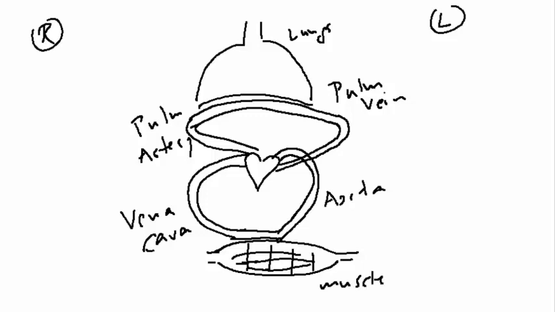So now the first area of interest that we're going to take a look at is in the lungs. So the area up here, we're going to look at gas exchange between the lungs, more specifically the alveoli and the pulmonary capillaries. All right, so we're zooming in, and we have now an alveolus right here.